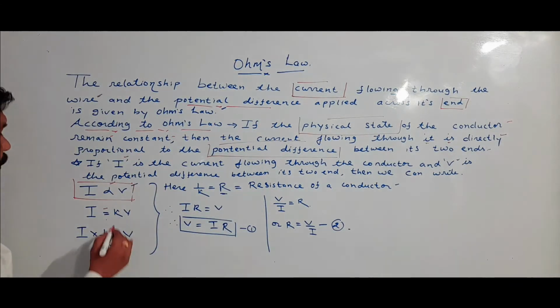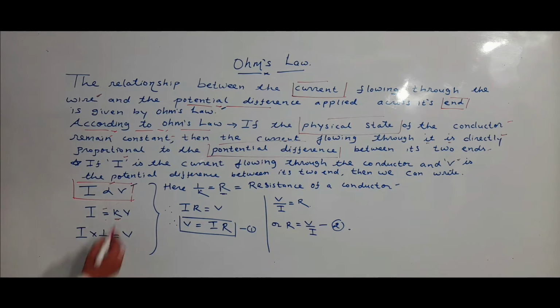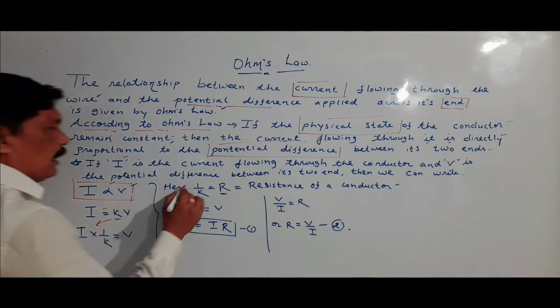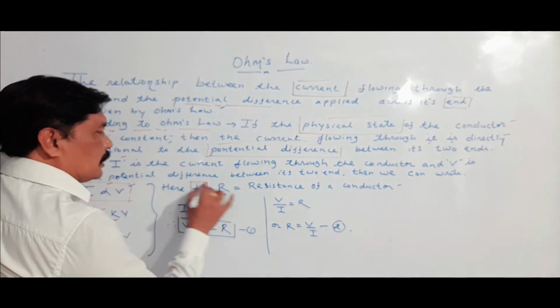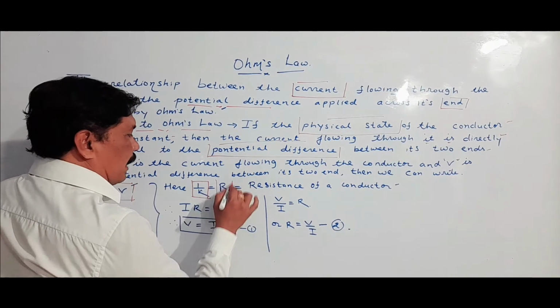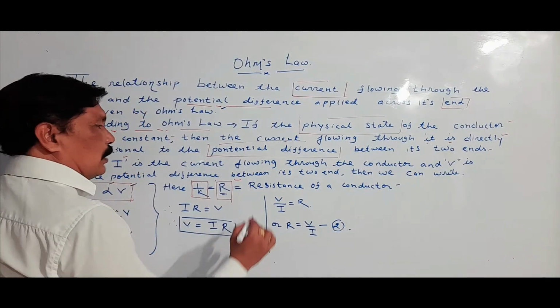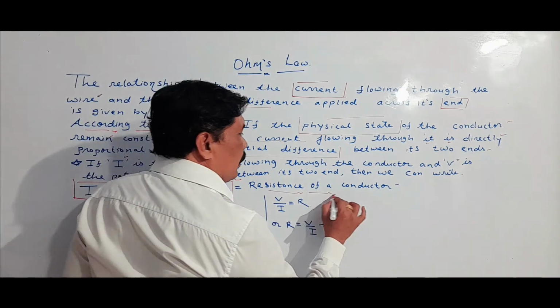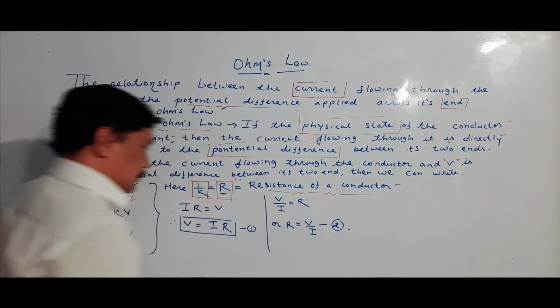So we have taken the constant as K. This constant is taken to the other side of the equation and we get I into 1 by K is equal to V. Here 1 by K is a constant which is equal to capital R and it is called the resistance of a conductor.